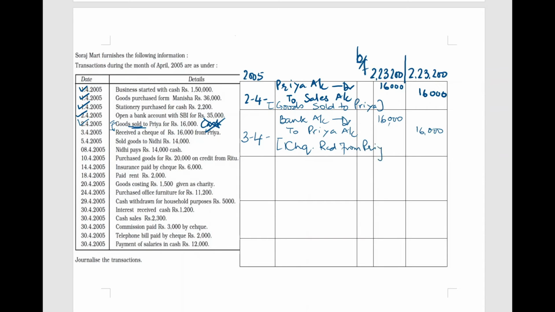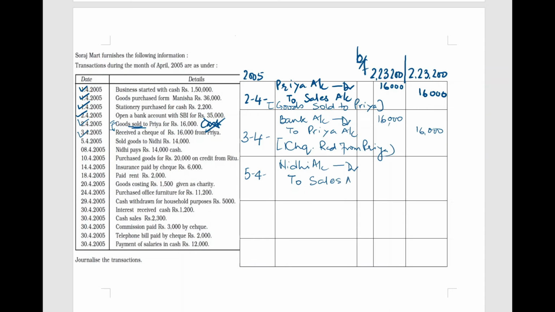Okay guys. Now next entry, I've completed this. Sold goods to Nidhi. Again this is a credit sale because they have not mentioned cash or bank. So I will say on 5th April, sold goods to Nidhi. Nidhi account debit to sales account, because I'm selling, right?